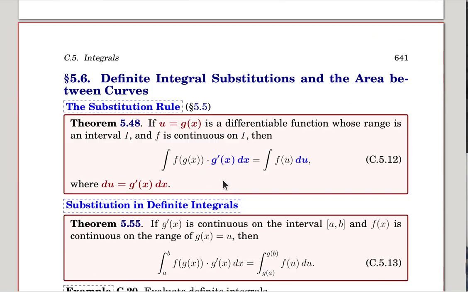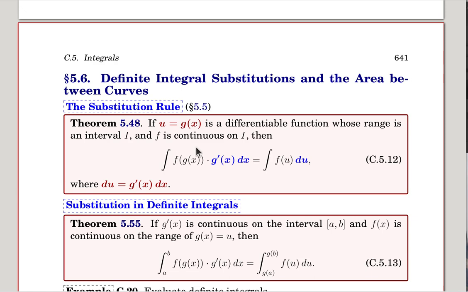Okay, now we are reaching section 5.6, definite integral substitutions and the area between curves. In section 5.5, we considered the substitution rule.